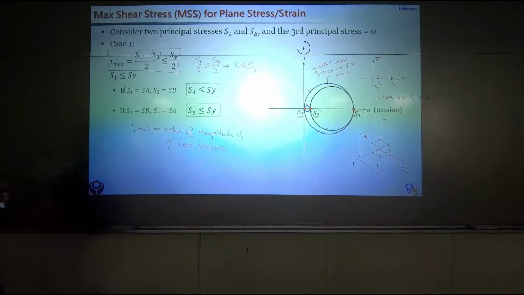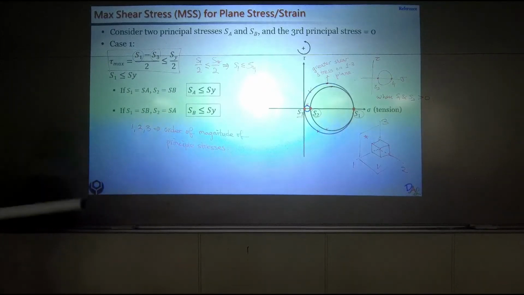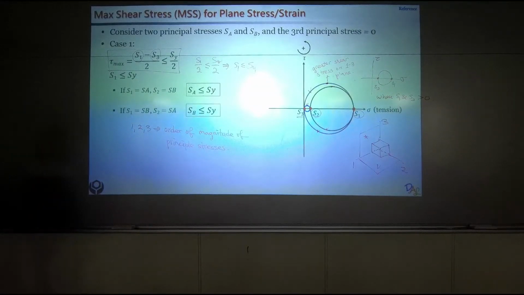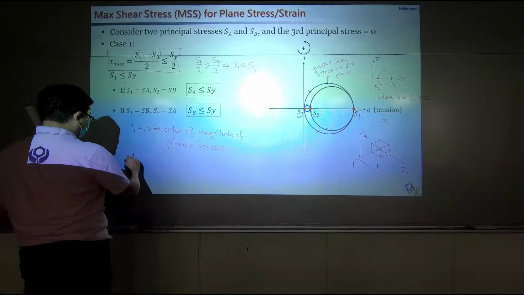Okay? So usually we use 1, 2, 3 to represent the largest, the second one, or the 0 one. But what does AB mean?